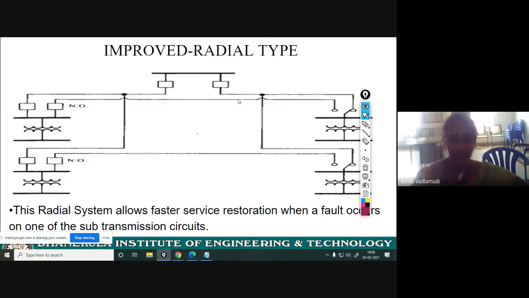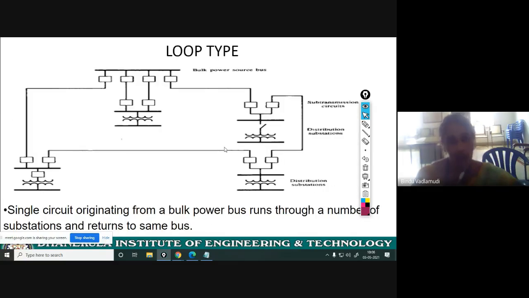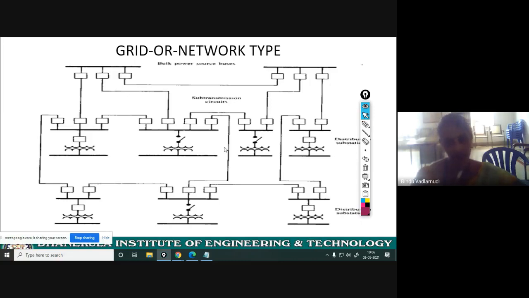Here the grid is common but the bulk sources are separate, so if it doesn't cover a vast area, it is limited to a smaller region. In the same manner, we have improvised the system with many backup systems.